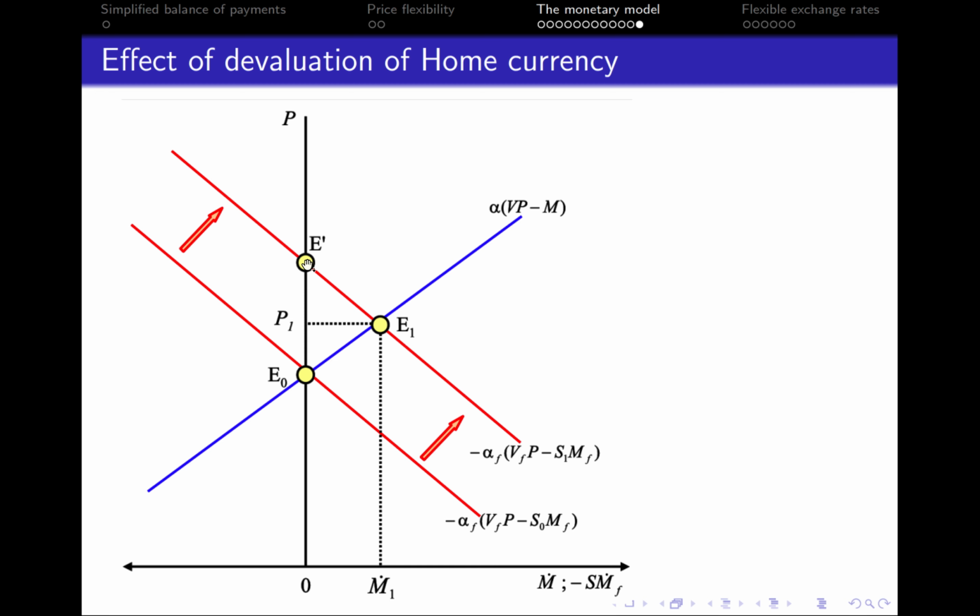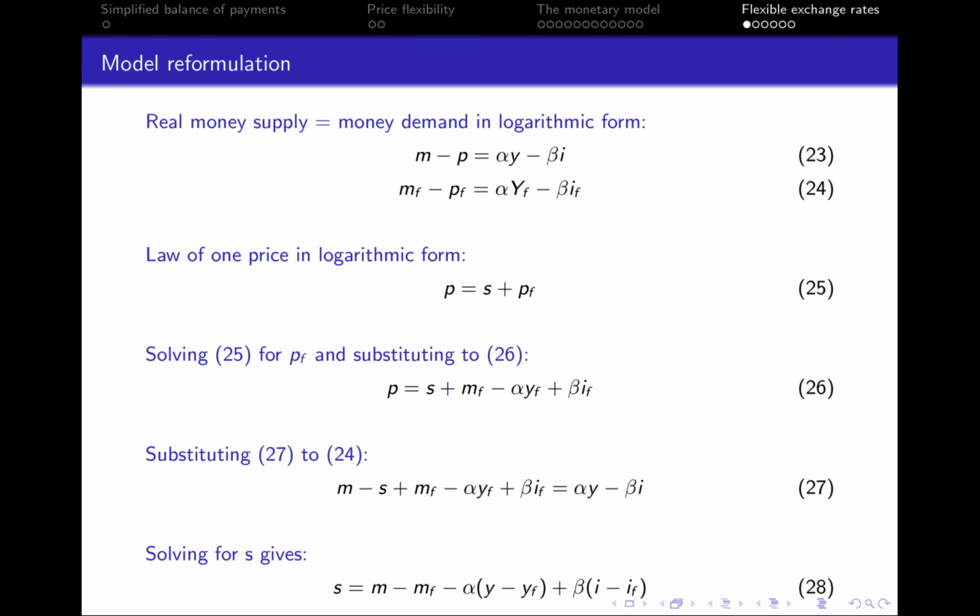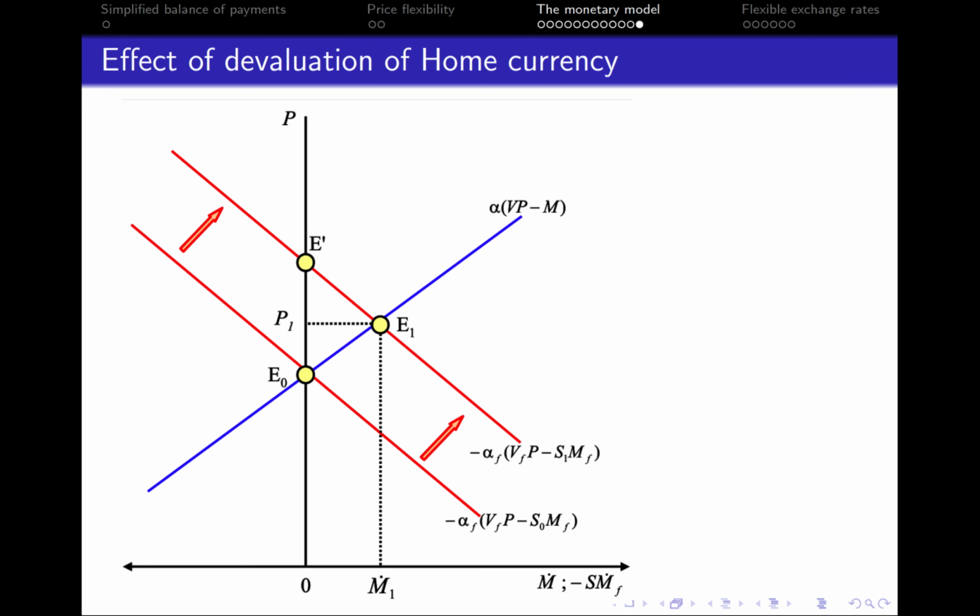Okay, so thus far we've been discussing the monetary model with a fixed exchange rate. Now let's go to a flexible exchange rate, but this time we will have a bit of trouble, because drawing this model is not as easy.